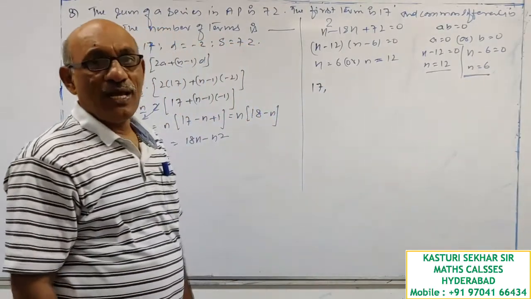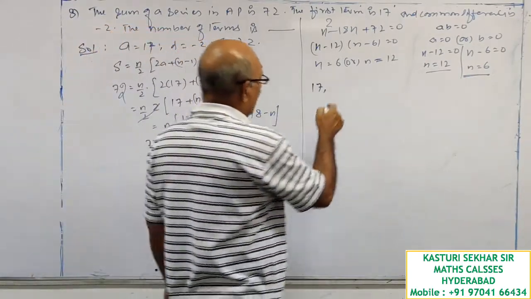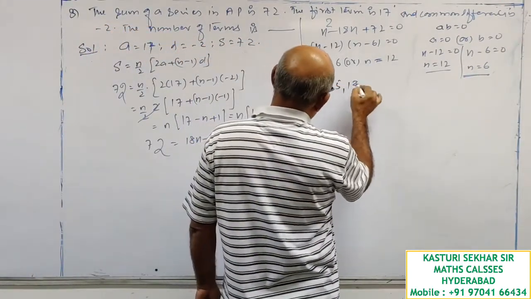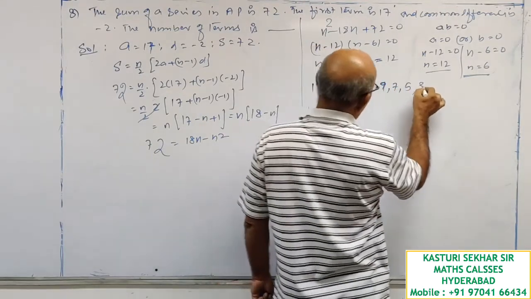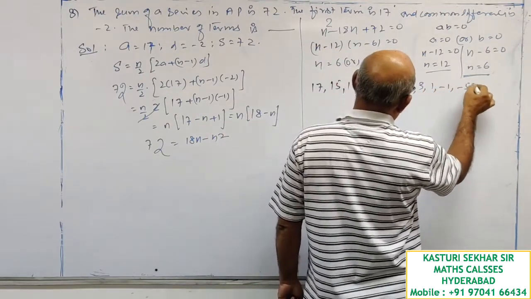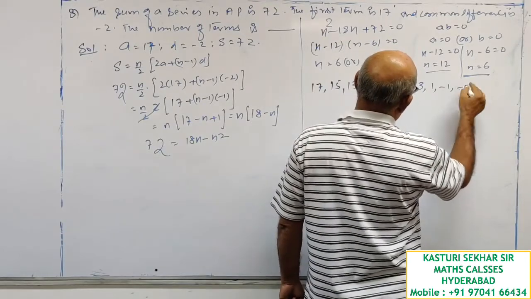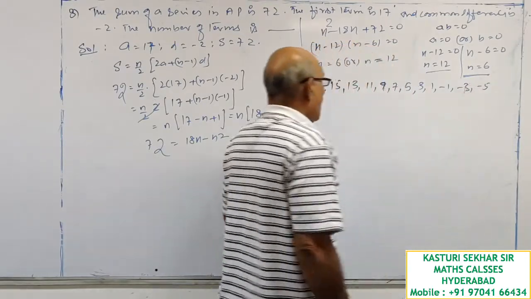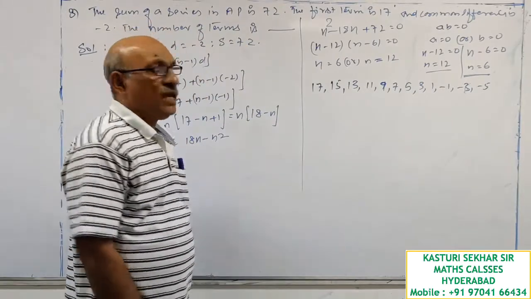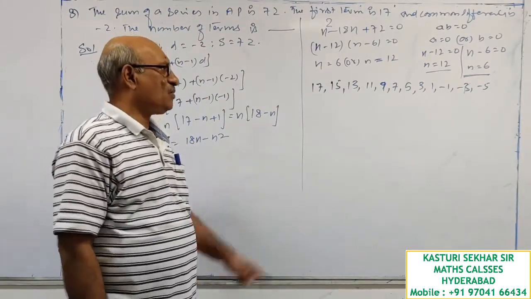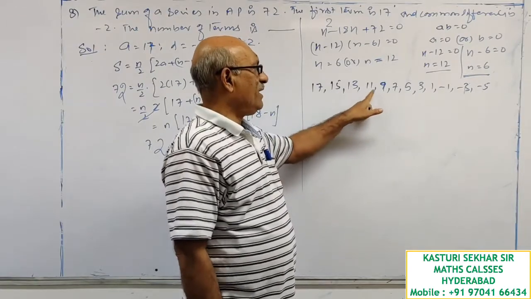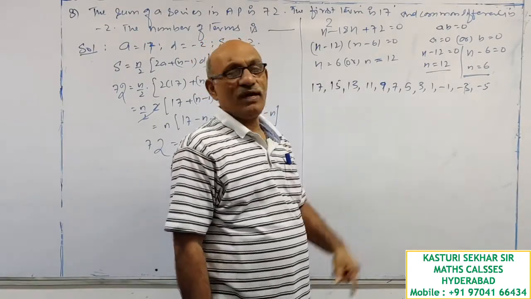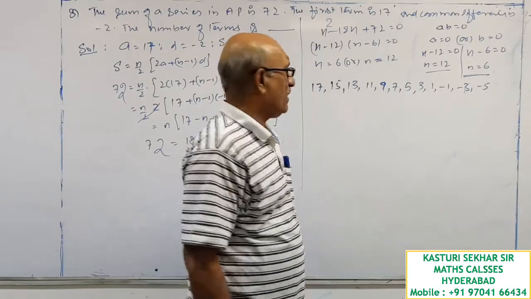Add the common difference to this, you will get the next term. This way if you proceed, 12 terms can be obtained: 17, 15, 13, 11, 9, 7, 5, 3, 1, minus 1, minus 3, minus 5.